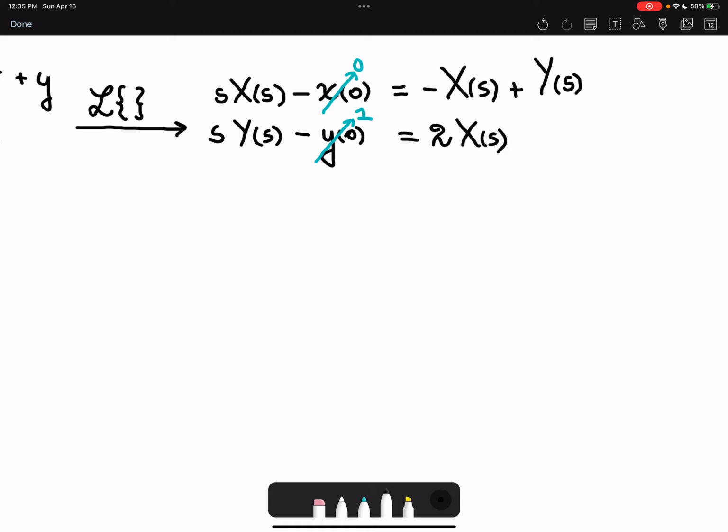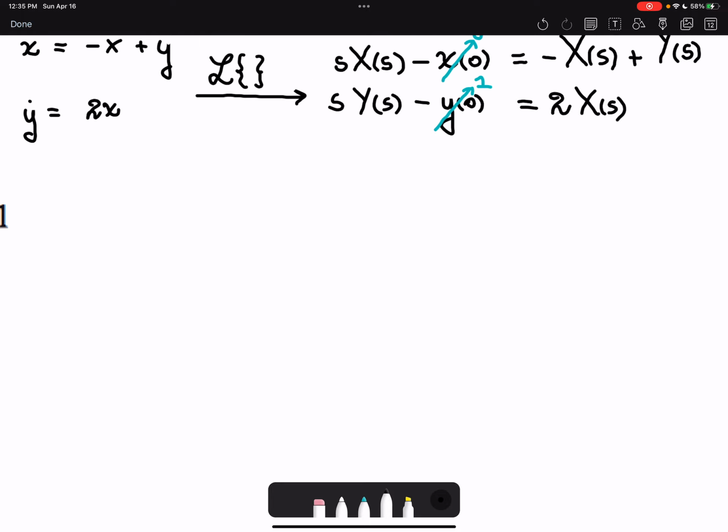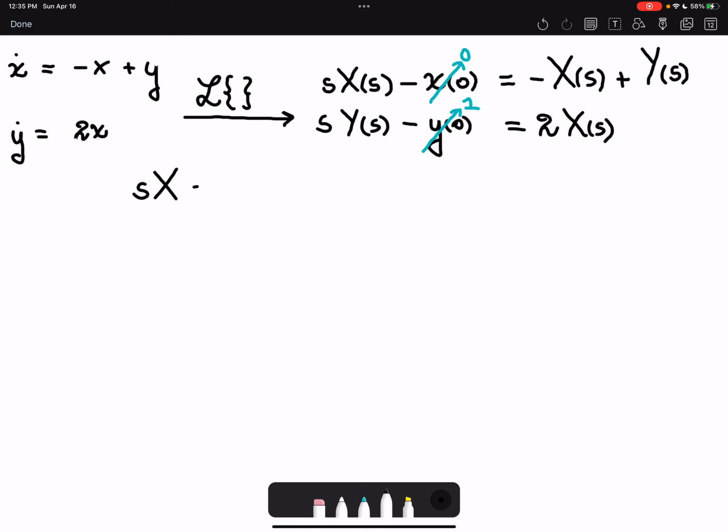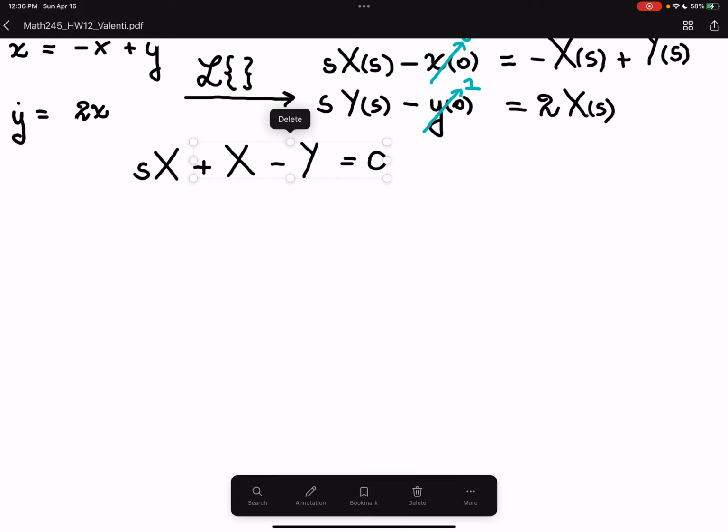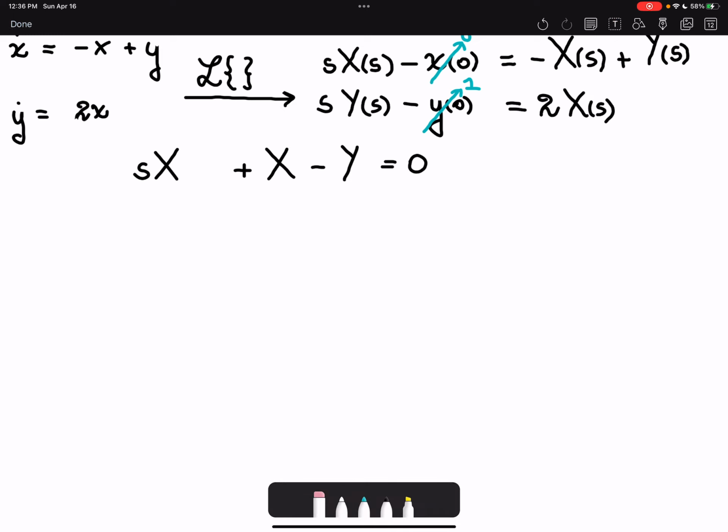So on the top, what are we going to have? Well, on the top, we're going to have s times X, and I'm going to drop the s's between the parentheses for readability purposes, plus big X minus big Y. All of this should be equal to 0. Here at the bottom, we're going to have what? So I got to move this over here.